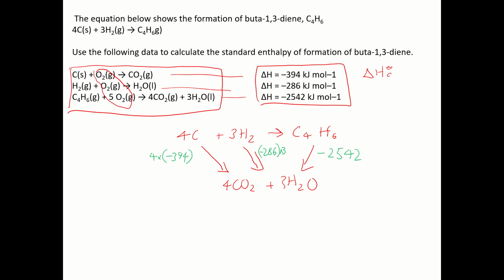We want a route to the products. Now, these 2 arrows are pointing downwards, so we leave them as they are, and we're going to change this arrow here and change it to point upwards to get the products. So that's the rule. When it's combustion, you leave the reactants as they are and you flip the arrow. That's the way I do it.